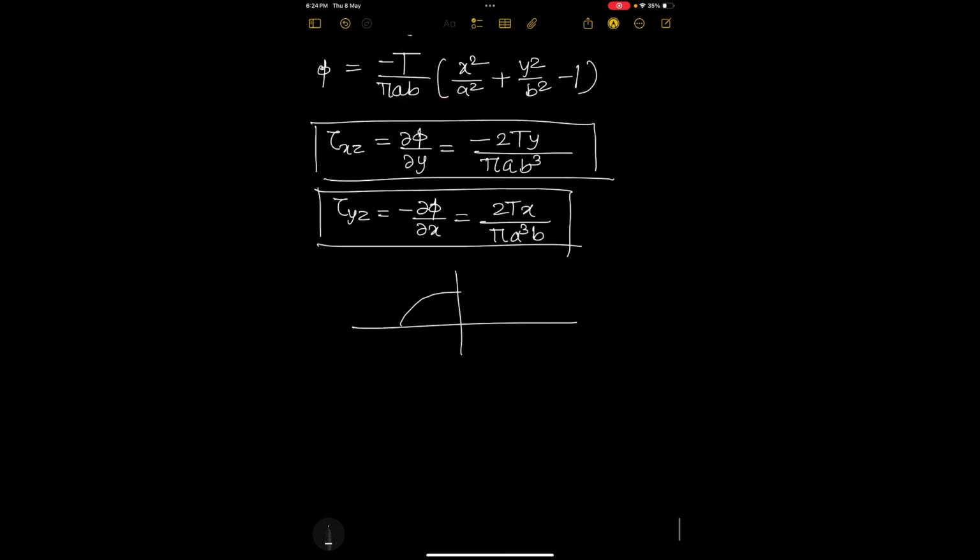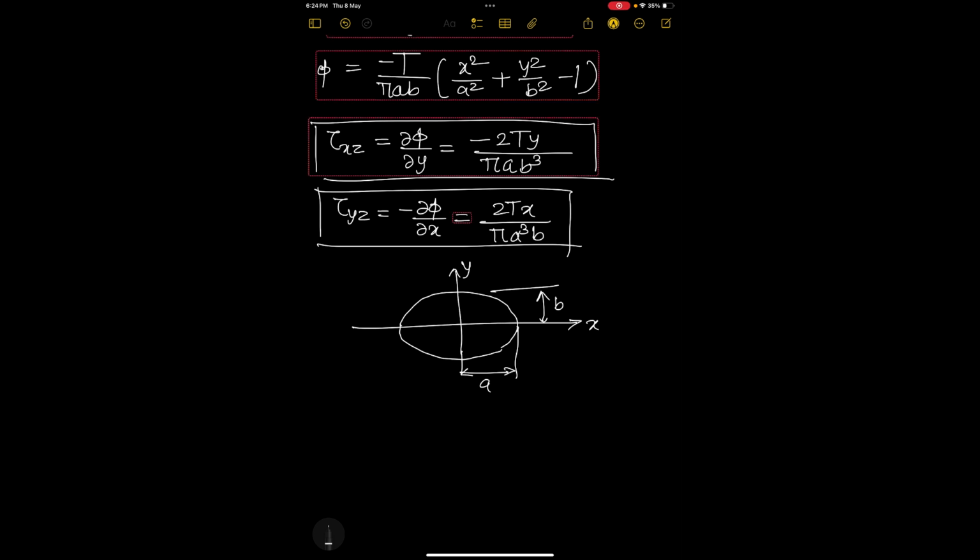So if we draw the diagram of the cross section, this is the distance A, this is distance B, this is the x-axis, this is the y-axis.